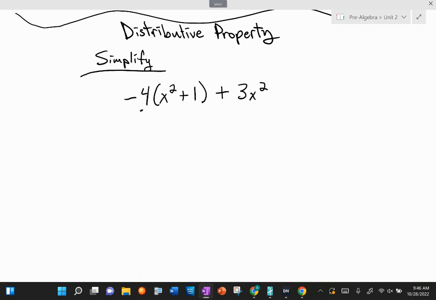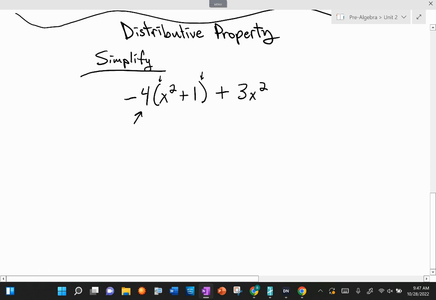I wouldn't be this adamant about this, but distributive property is still something we screw up, and it's not just pre-algebra that screws it up. We all don't do it right consistently. You've got to recognize that these parentheses mean that we multiply anything inside the parentheses by whatever is touching the parentheses on the outside. So what's touching the parentheses on the outside?